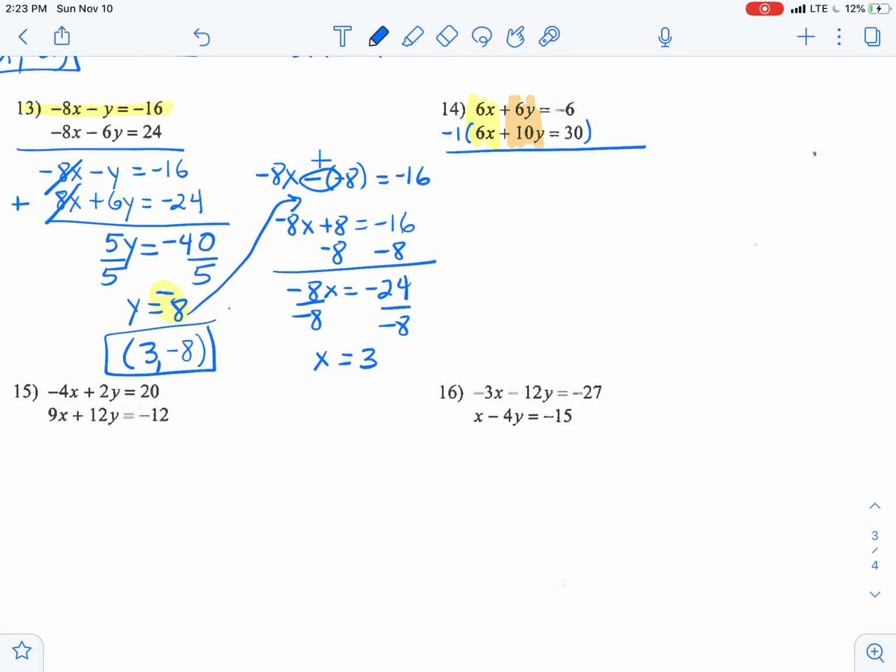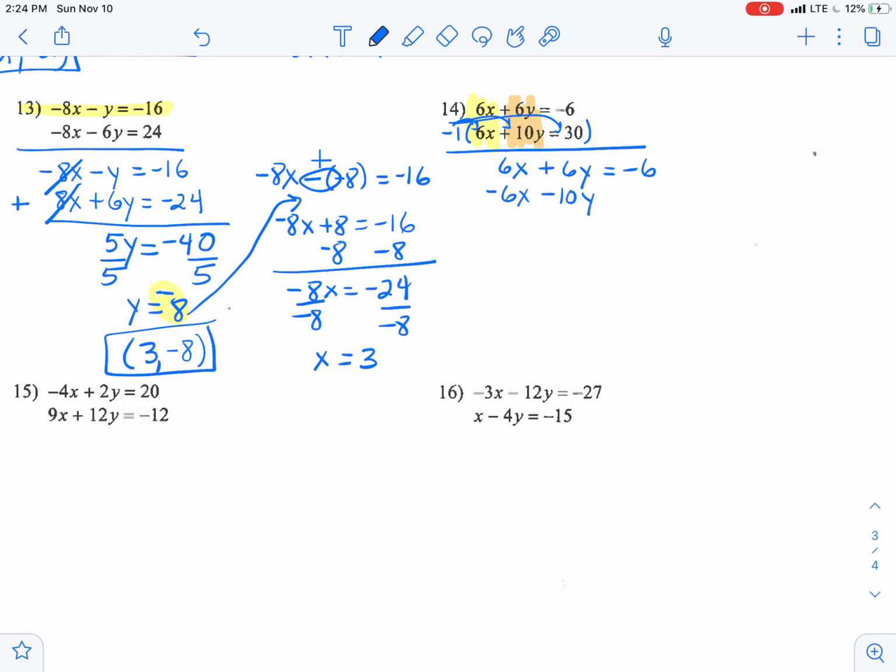So my step is to just rewrite. I'm not changing anything. I'm just rewriting that first equation. And now I'm multiplying by distributing that -1 through all three of those. So take your time. So a -1 times 6 would be a -6. A -1 times 10 would be a -10.